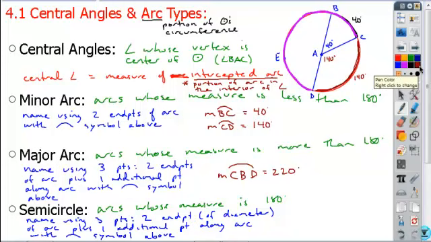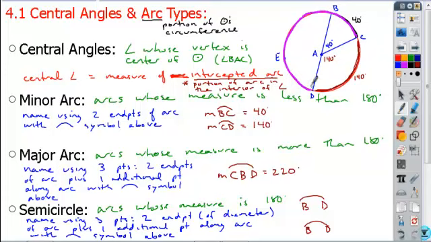So when we name our semicircles, we take the endpoints of our diameter, so here our diameter is BD. We name our semicircle, and we have to begin and end with those endpoints, then choose one point that falls in between along the path. Anytime you're dealing with a semicircle, it splits a circle into two halves.